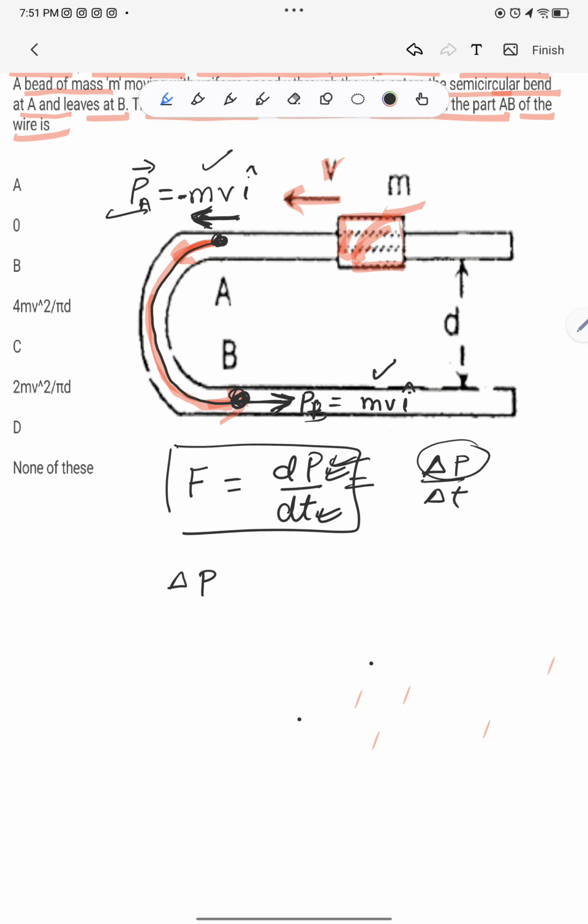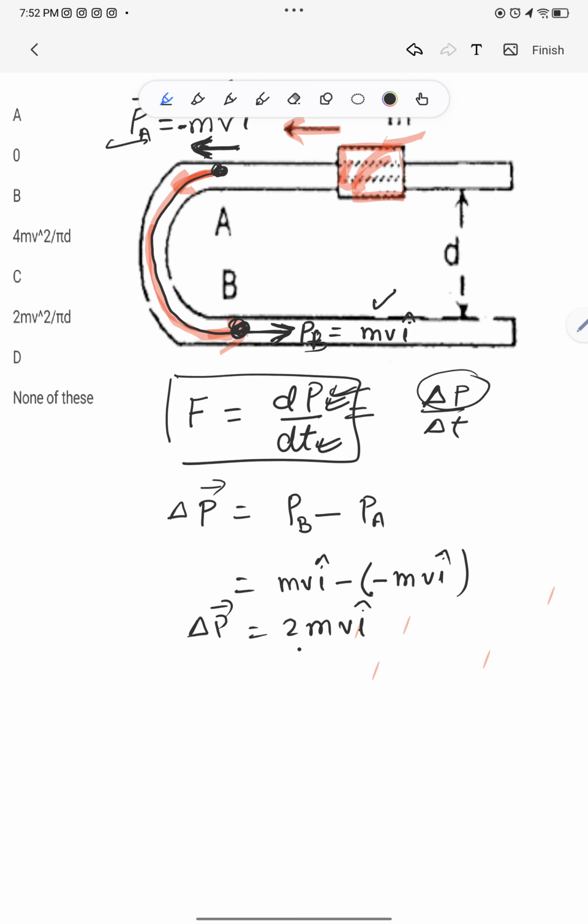Delta p is the momentum at B minus the momentum at A, final minus initial, so it is mv i cap minus (minus mv i cap), which is 2mv i cap. This is our change of momentum. Magnitude wise, delta p is nothing but 2mv.